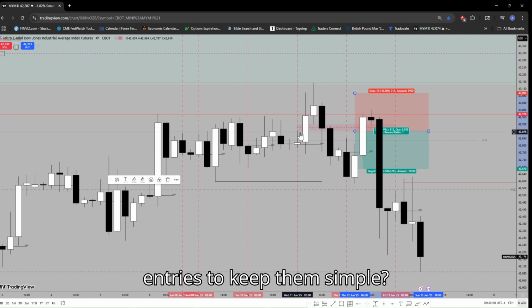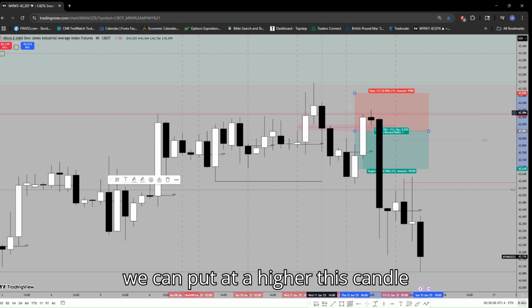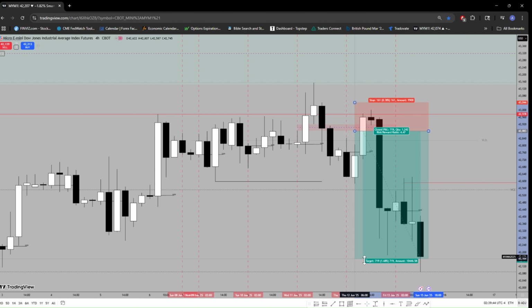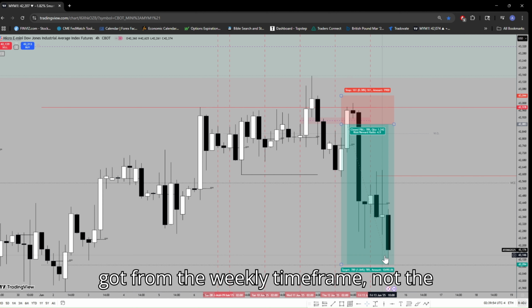Where would we look for our entries? To keep things simple, the open of the IFVG. Where do our entries go? 1, 2, 3. We can put it at the high of this candle, aiming for our sell side targets or our drawn liquidity on the sell side, which we got from the weekly time frame, not the 4-hour.